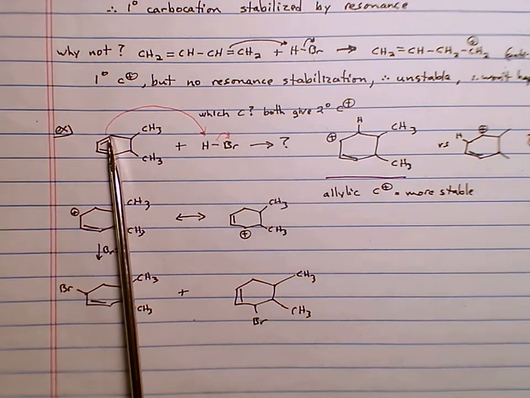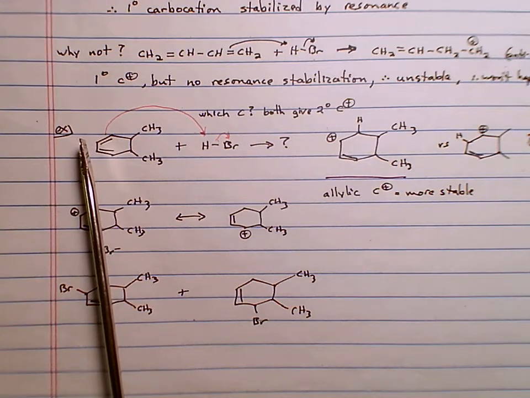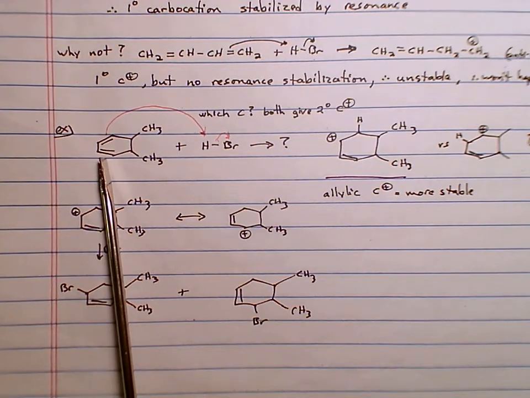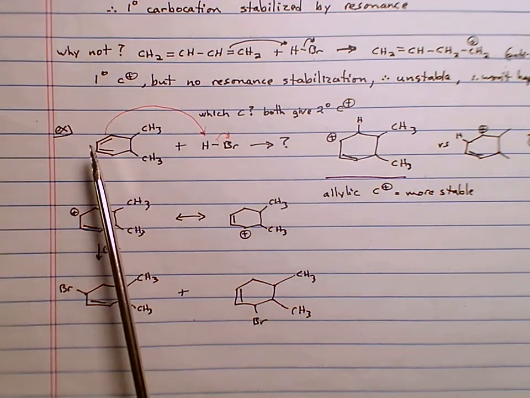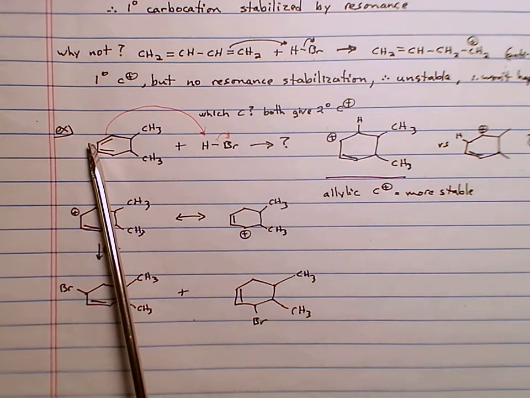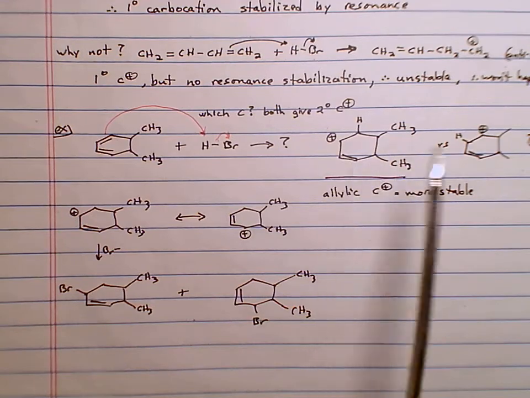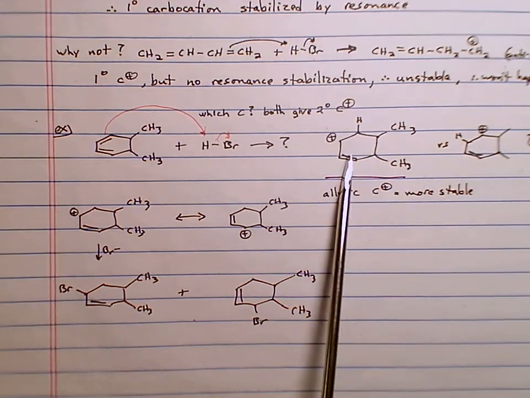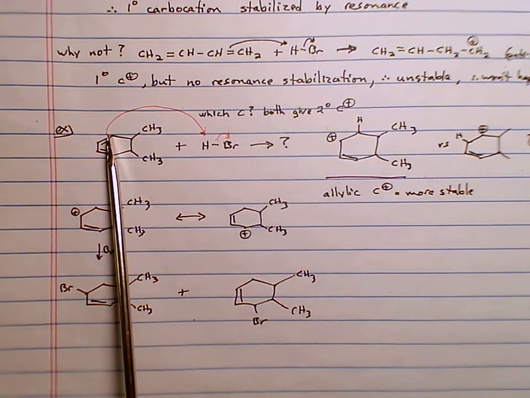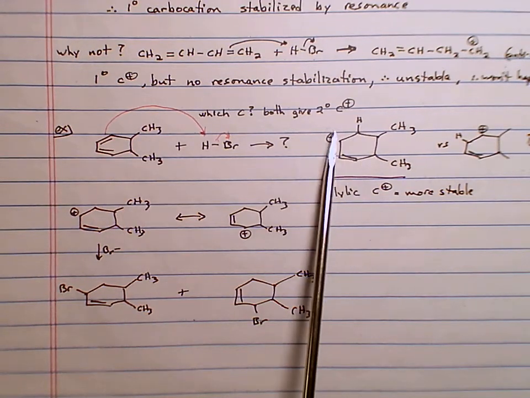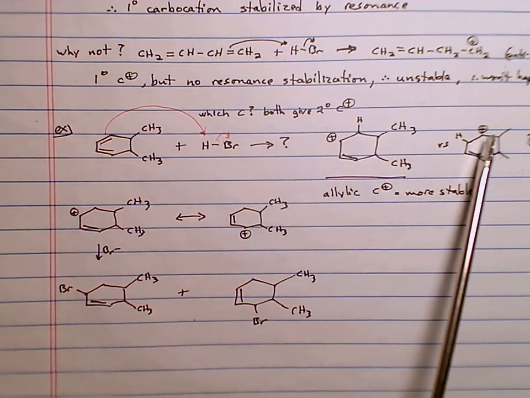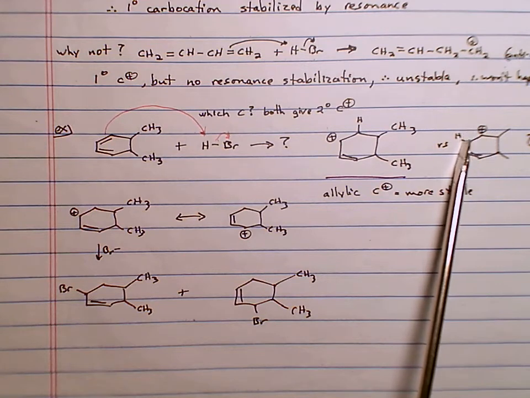Note if the hydrogen goes on this carbon, it would make an allylic carbocation. If the hydrogen went on this carbon over here, it'll make just a secondary carbocation. So here are our two possible products. The hydrogen goes on this carbon of where the double bond was to make an allylic carbocation, or the hydrogen goes here to make this just plain old secondary.